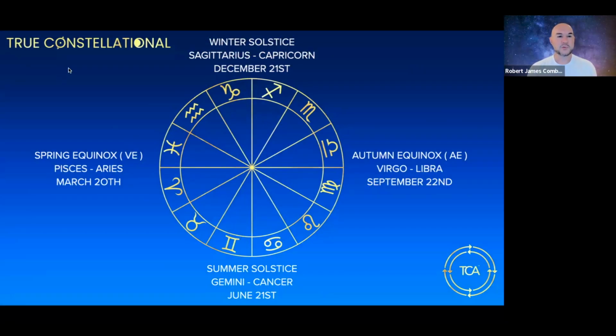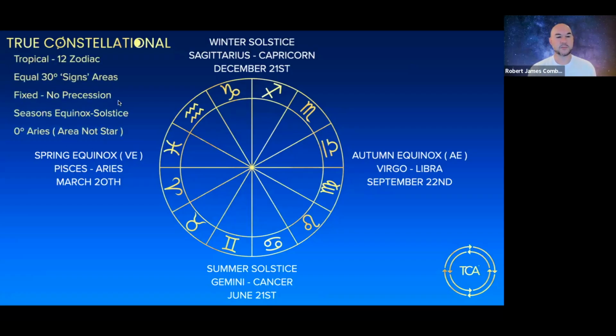So let's have a look at the tropical system. You'll see here in the top left corner, the tropical system is 12 zodiac signs of equal 30 degrees, and signs is different to constellations.